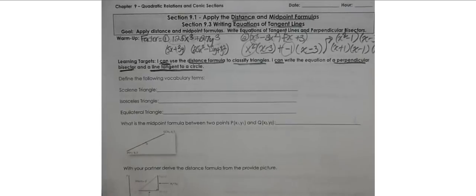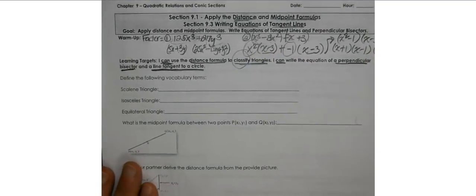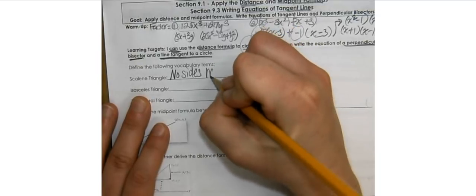So the first part of the I can statements is for you to be able to use the distance formula in order to classify triangles. That means that you're giving a triangle a name, and there are 3 different names that we give triangles based on their side lengths. The first one is scalene, and scalene means that no sides of the triangle have the same length.